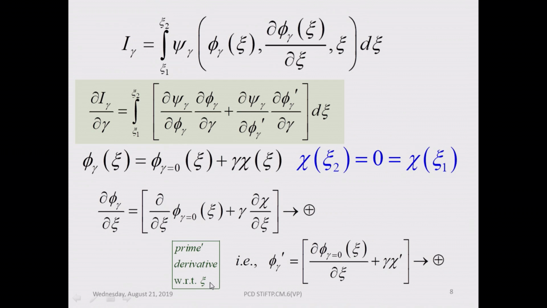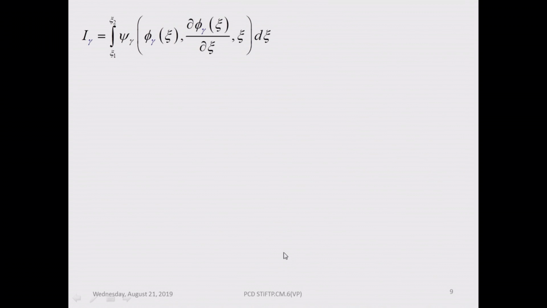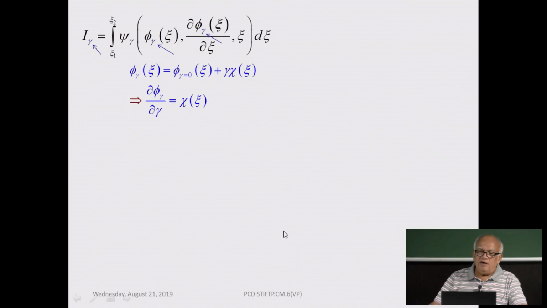So, there are two kinds of derivatives I am working with. One is the derivative with respect to xi, and the other is over here, which is the derivative with respect to gamma. So, it is the derivative with respect to xi which is represented by this prime.